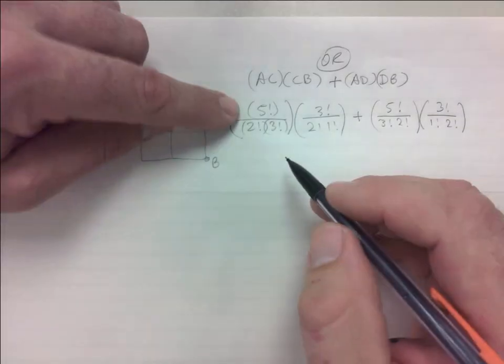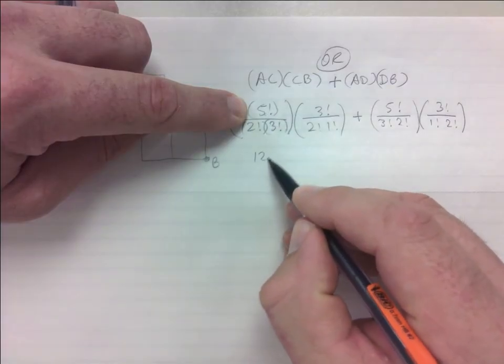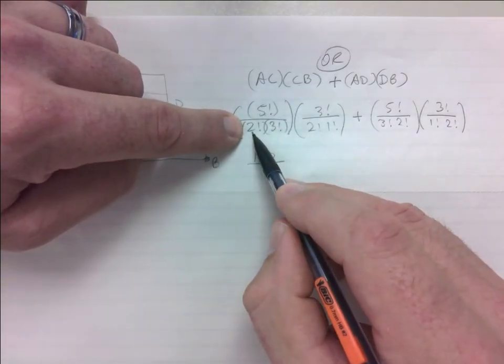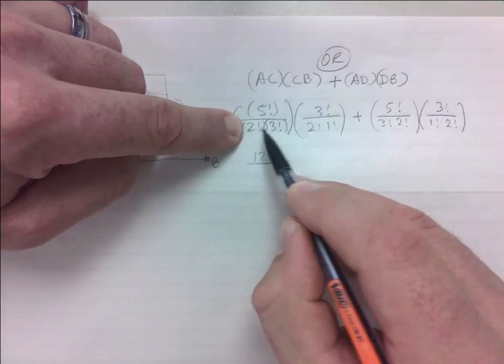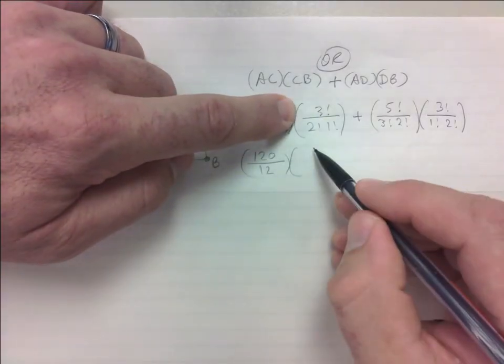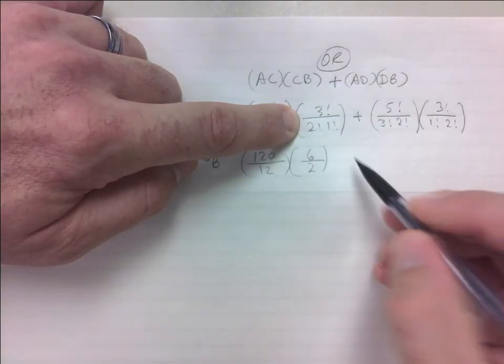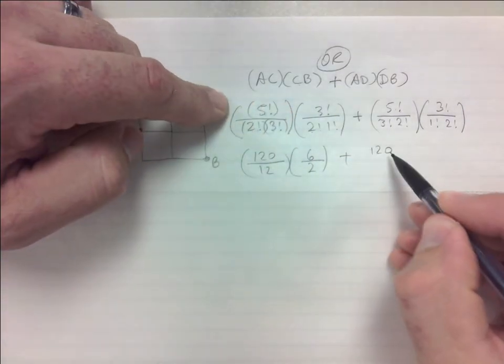So now you're going to help me out if I miss this, okay? Cheat sheet, I hope you have this. 5 factorial is 120, correct? 2 factorial is 2. 3 factorial is 6, so 2 times 6 is 12. 3 factorial is 6. 2 factorial is 2. 5 factorial is 120.